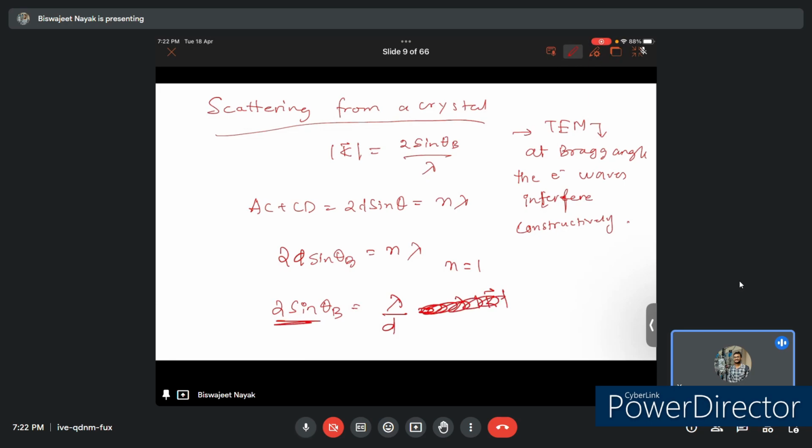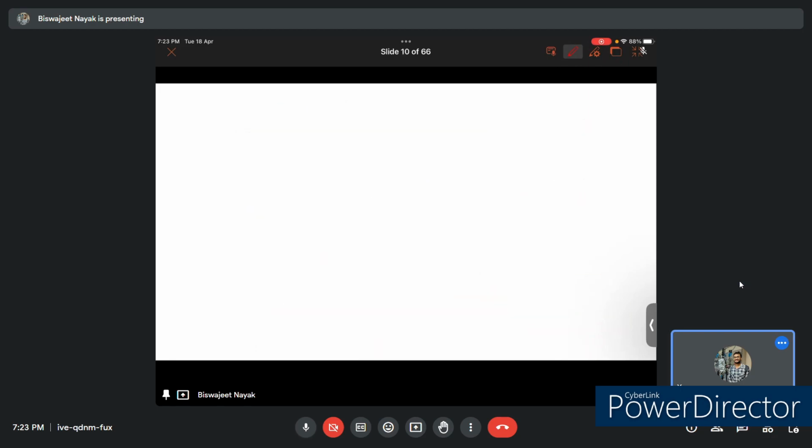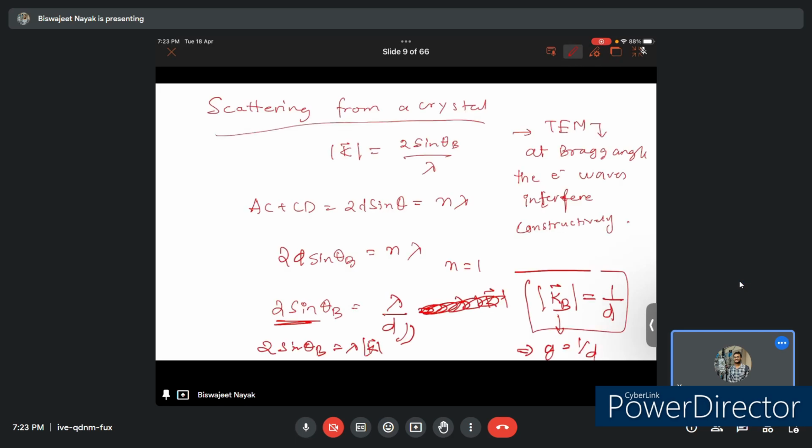So this one is already equal to lambda k, right? So we can equate these two, and we can correlate the change in wave vector to the distance between the two points, or in crystals, the interplanar spacing. So we denote this as G, and we say G is the lattice vector in reciprocal space.